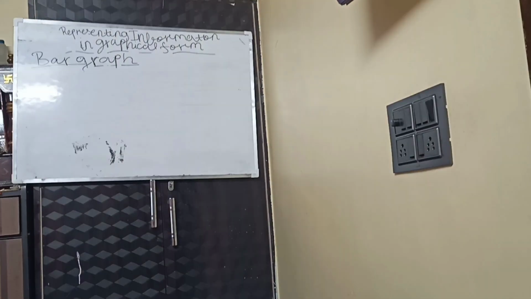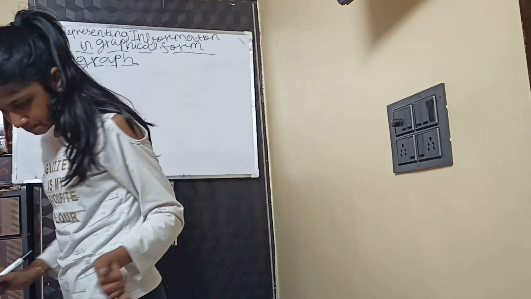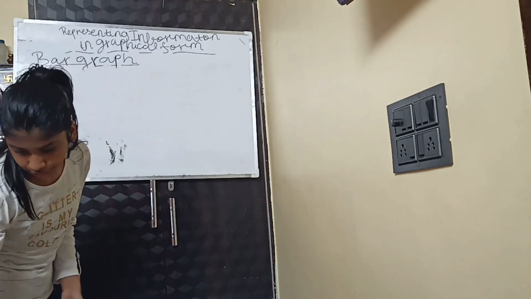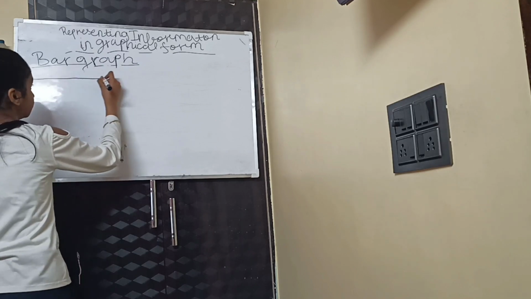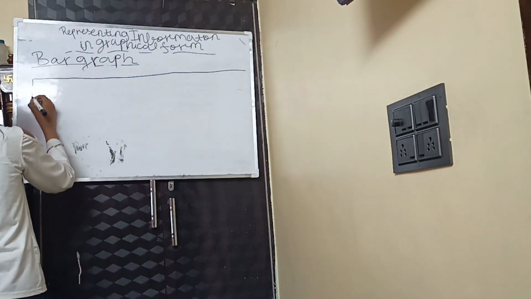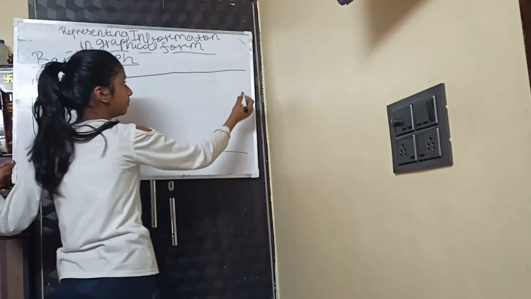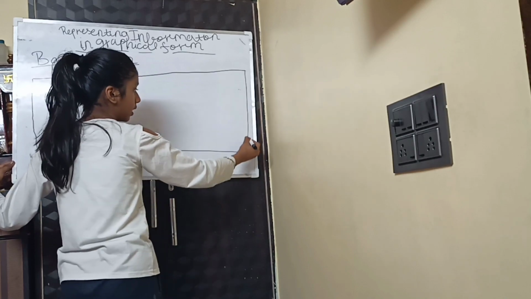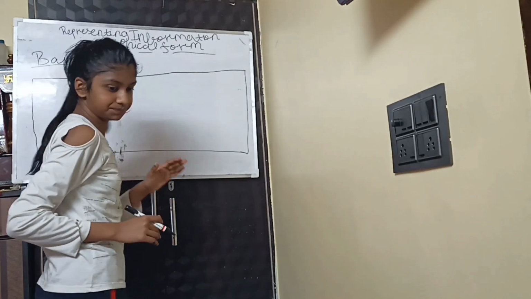I'm rubbing it. Okay, so now first we'll make it in tabular form. Let's do it in tabular form. For making in tabular form, first you have to make a column. Big column. Like this. You have to make a big column.